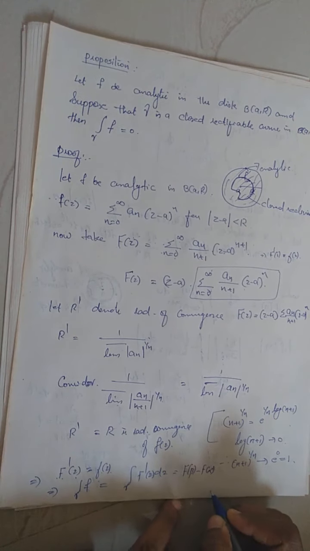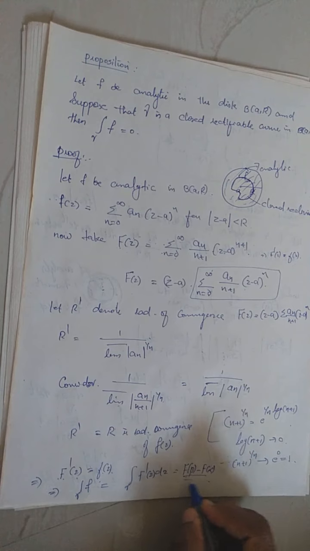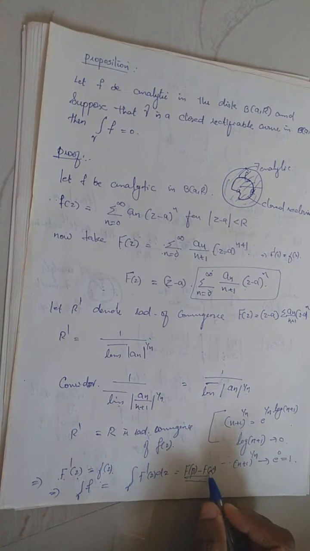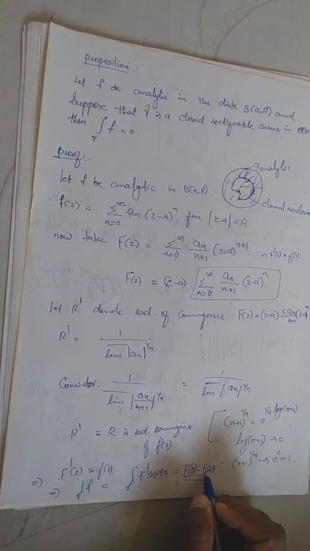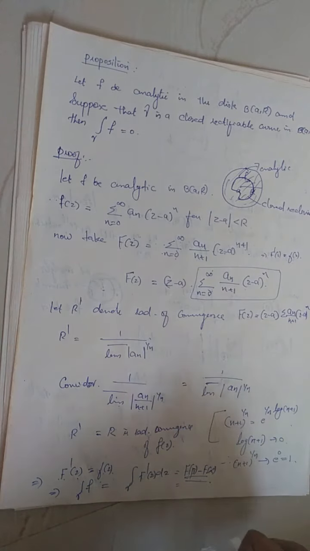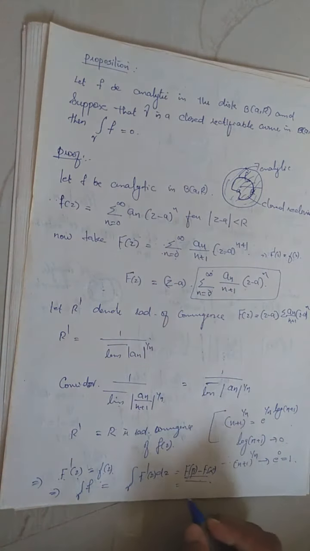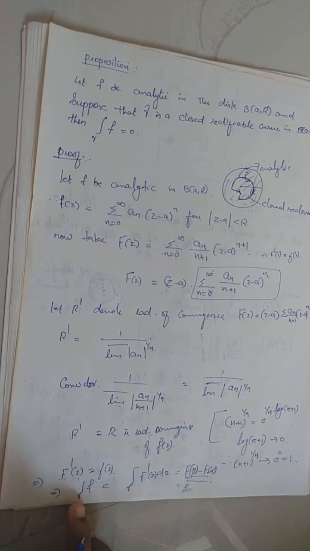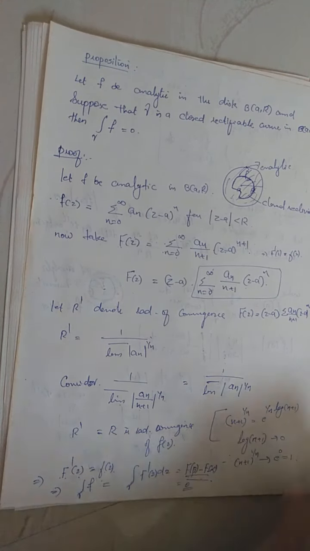So you get F(beta) minus F(alpha). And what is F(beta) minus F(alpha)? Gamma is a closed curve, therefore its initial and final points are the same, therefore the initial and final values will be equal, so this will be equal to 0, so that the integral over gamma of f will be equal to 0.